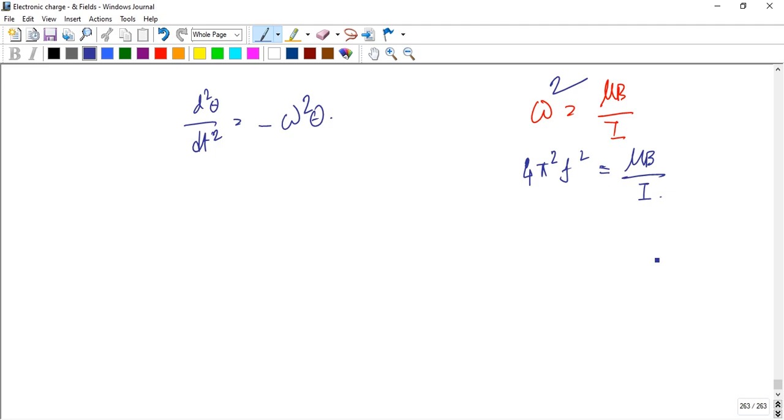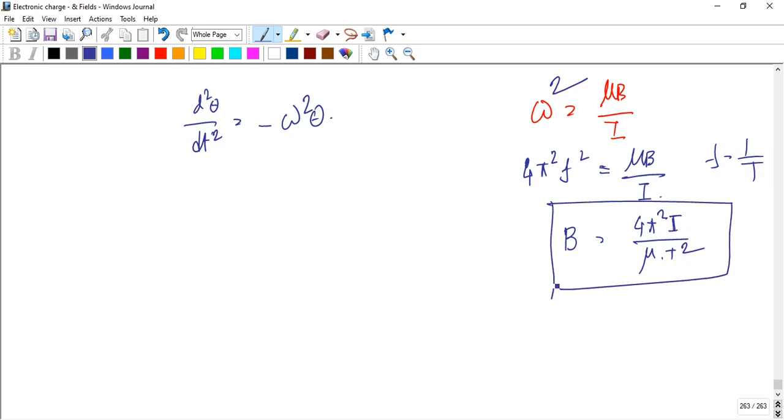Final expression we find that B equals 4 pi square I by mu, and f, the frequency, is 1 by time period, so f square is 1 by T square. Okay, that's the B expression.